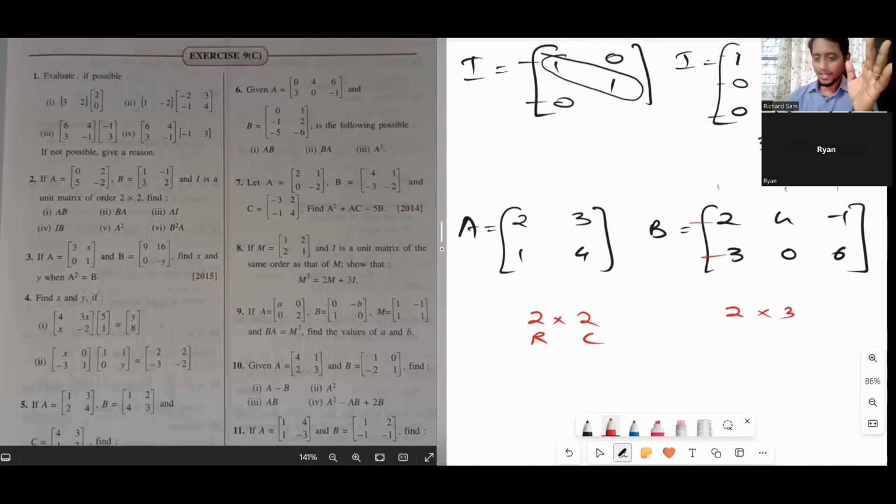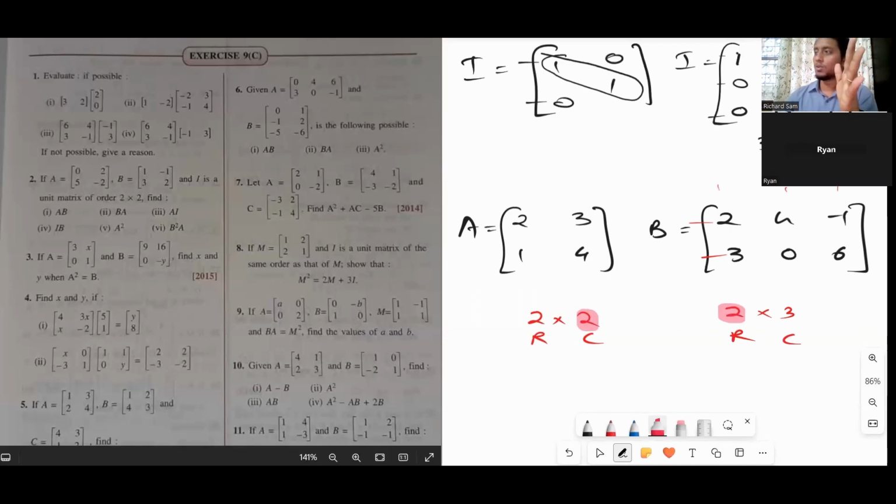After writing this down, you need to see if these 2 numbers are the same. That is, the columns in the first matrix should be equal to the rows in the second matrix. If they are equal, only then we can multiply the 2 matrices. That is the first condition. That's the only condition. If this condition is not met, you cannot multiply. Is everyone clear of this first condition?